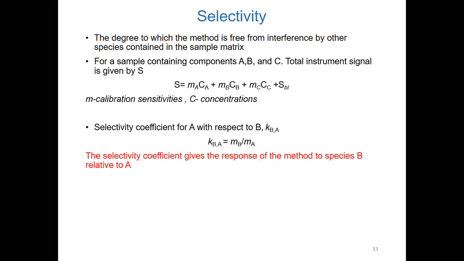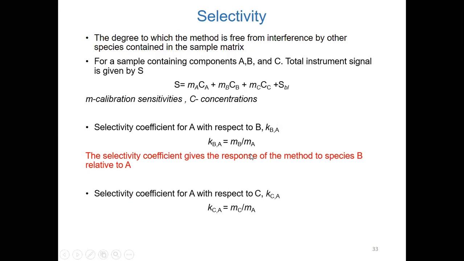So what we can do, when we determine the selectivity, we can calculate the selectivity coefficient for A with respect to B. So the selectivity coefficient of A with respect to B is the ratio of the slopes between B and A, right?